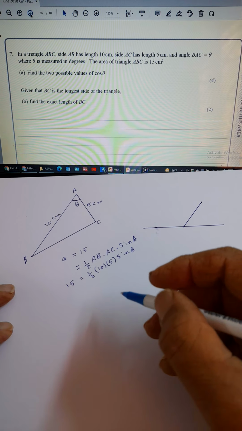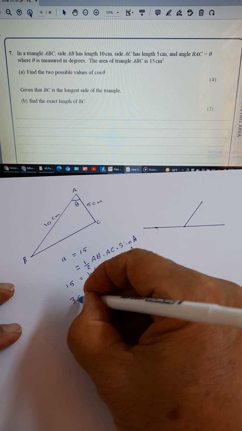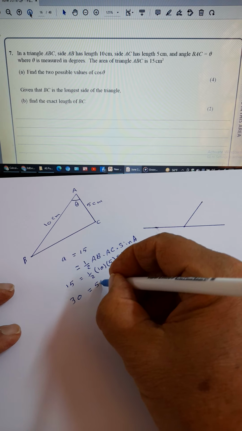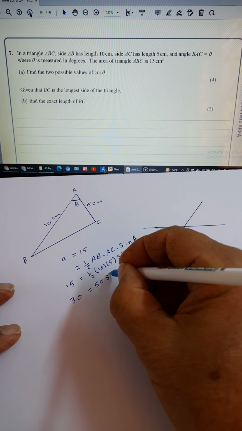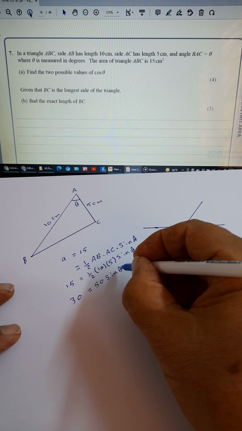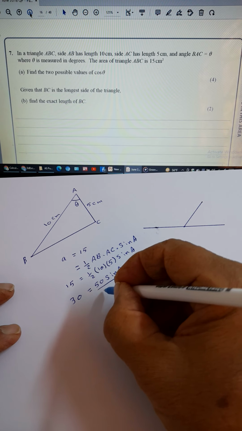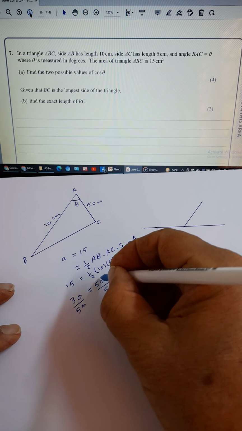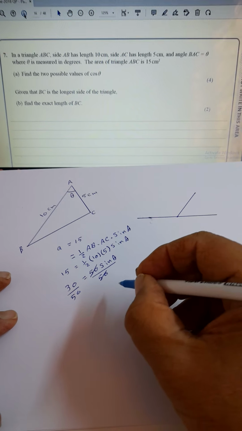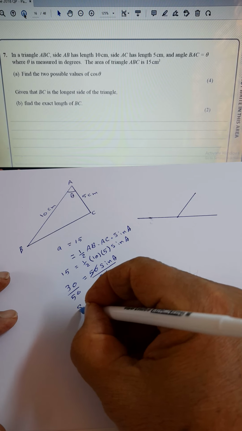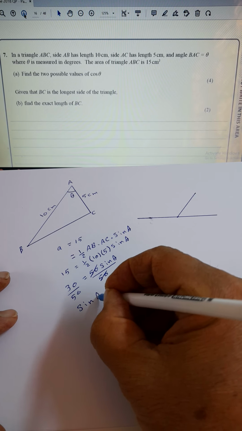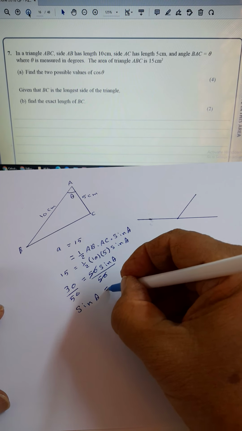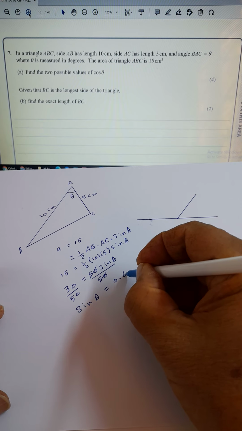Multiplying both sides by 2, ten times 5 is 50. Dividing both sides by 50, this cancels out, so sine theta equals 0.6.